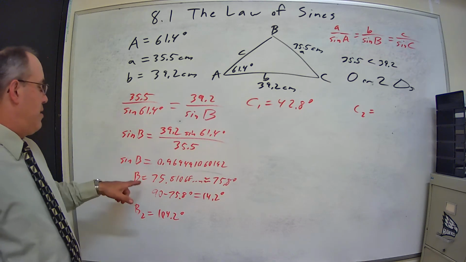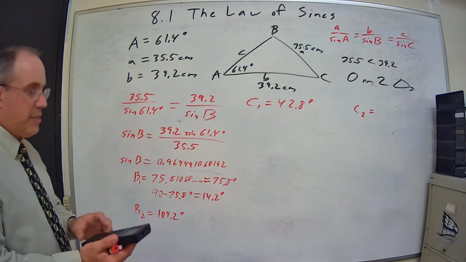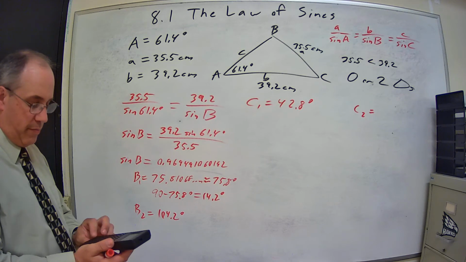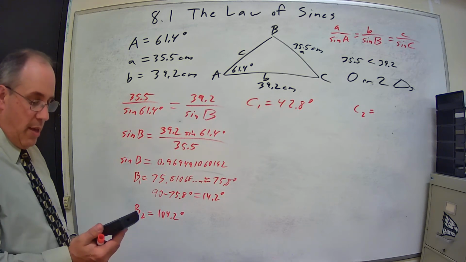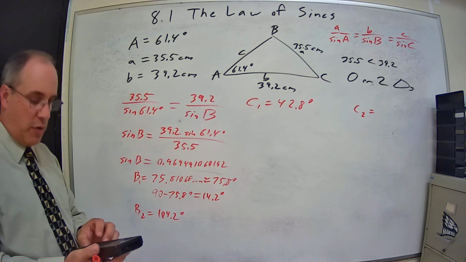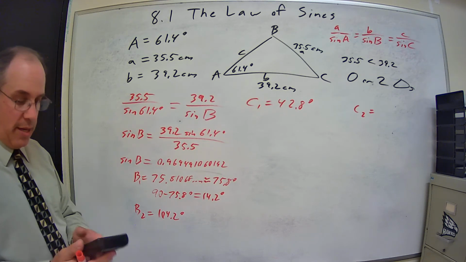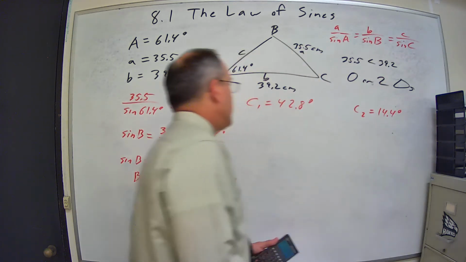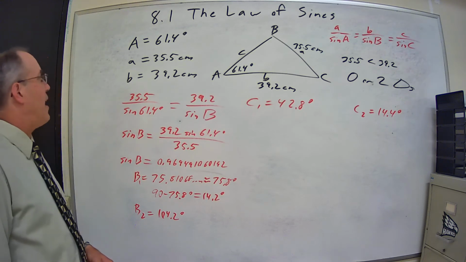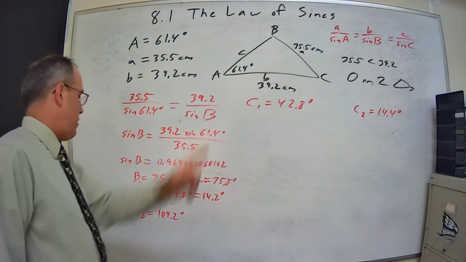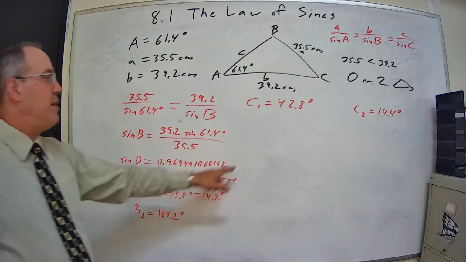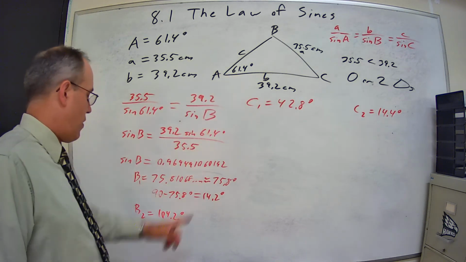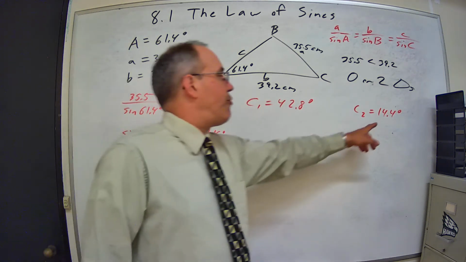So I take angle A, 61.4 degrees, and I add 104.2, which gives me 165.6. I subtract that from 180, and I get 14.4 degrees. So I've got one triangle with angles 61.4, 75.8, and 42.8. I've got the other triangle with angles 61.4, 104.2, and 14.4.